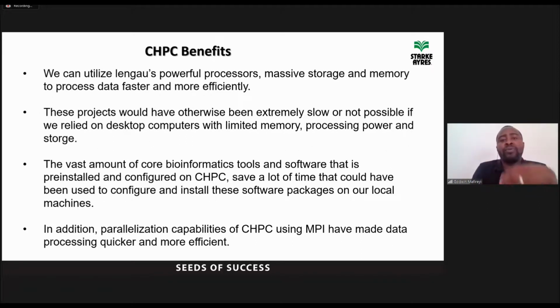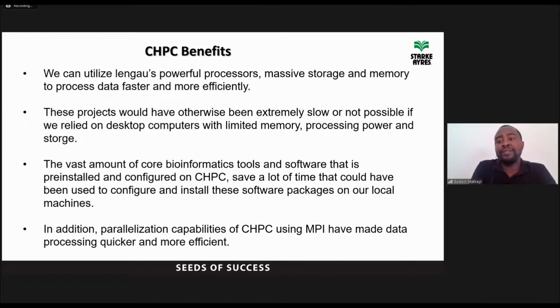All right, so the reason why we came to the decision of requesting CHPC to give us the resources is that we could utilize its powerful processors and massive storage to process our data faster and more effectively.